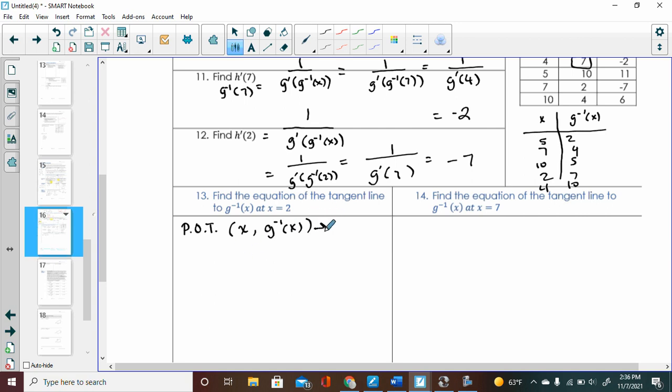So that's going to map onto, if I go to this table, I go to 2 and I get 7. So that's my point of tangency. Now the slope of this at 2 is just a derivative. We already found it in number 12. It's just -7, guys. And then I just use point slope form. We don't simplify.